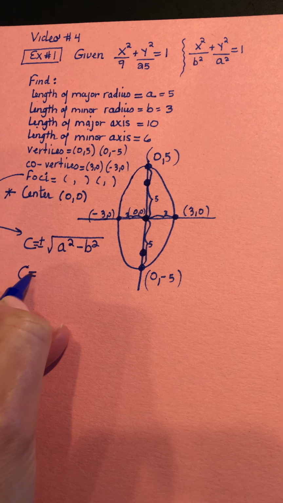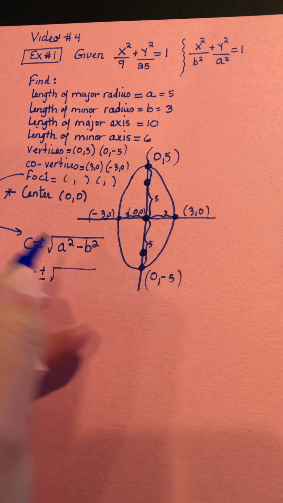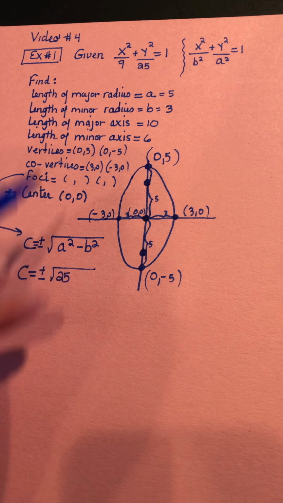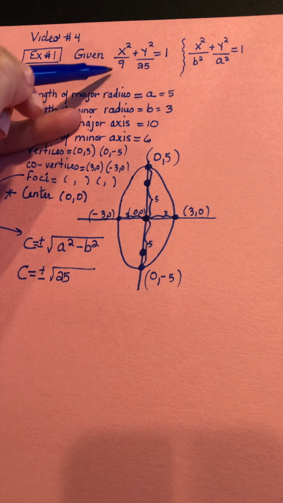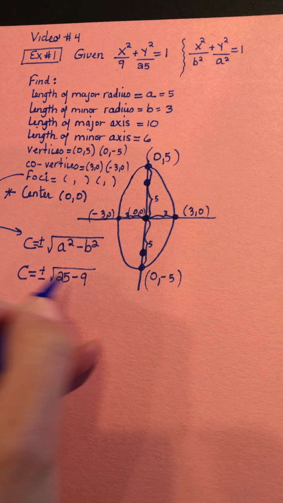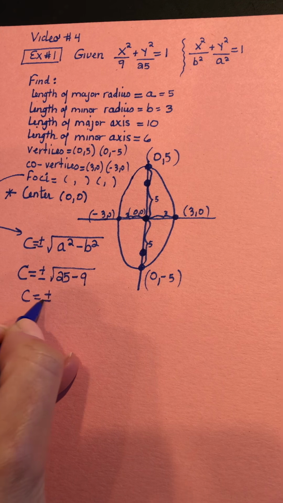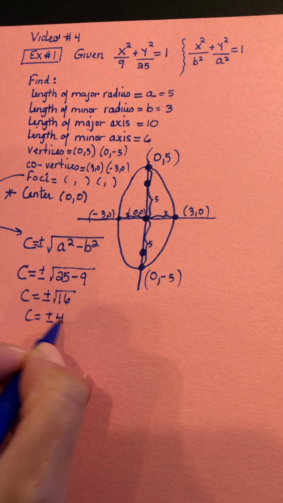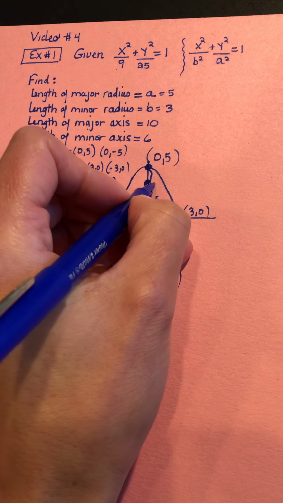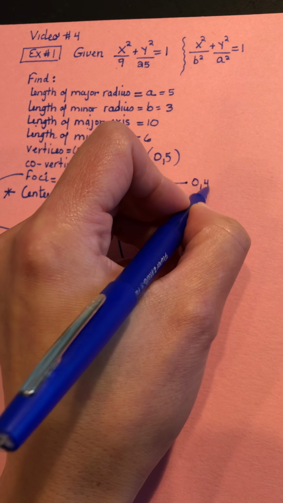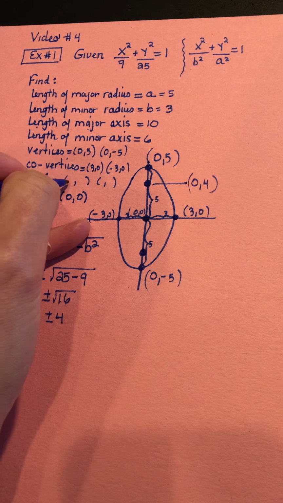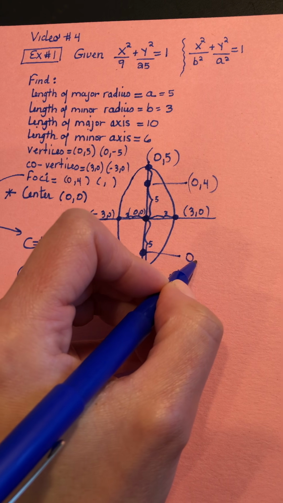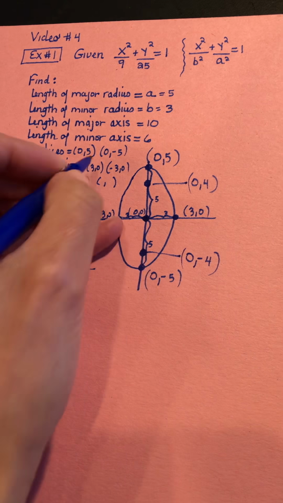I know that a squared is 25 and b squared is 9, so c is plus or minus the square root of 16, which is plus or minus 4. That tells me that this is the point 0, 4. That's one of my foci, and my other focus is at 0, negative 4.